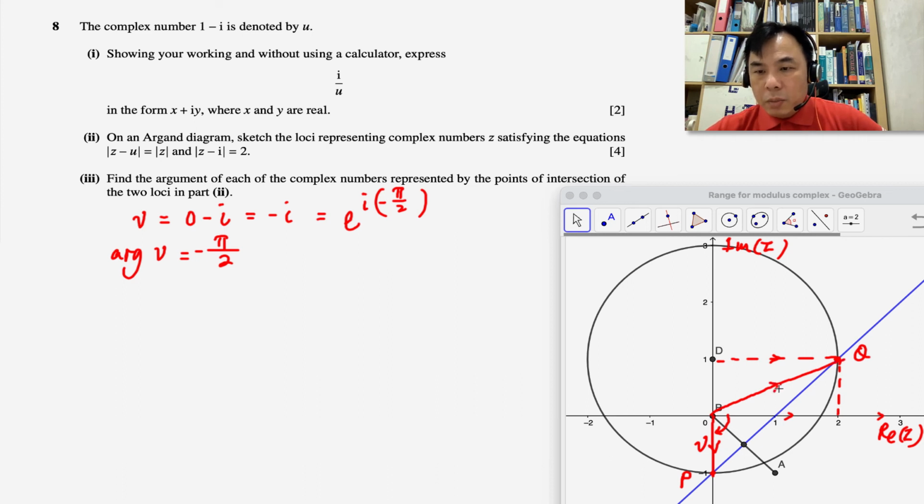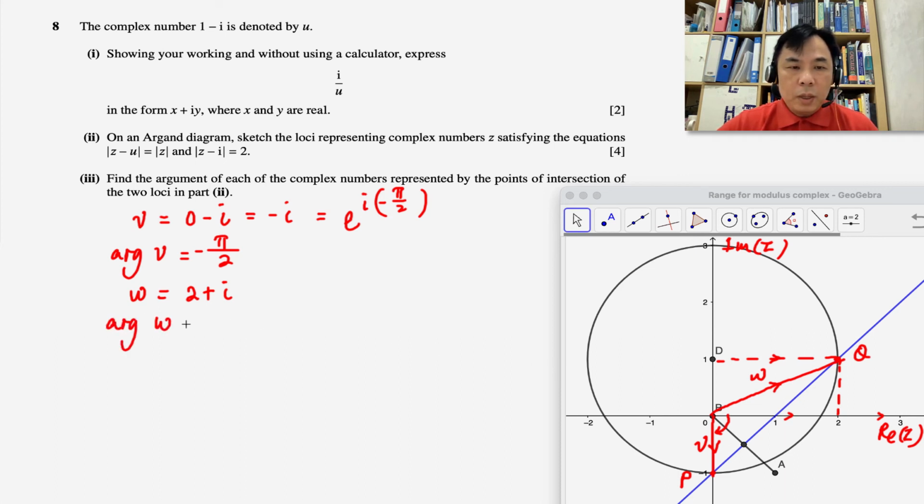Let's call this complex number W. Now we know complex number W is represented by 2 plus i, and the argument for this complex number can be represented by this angle measured from the real axis, clockwise in this case.